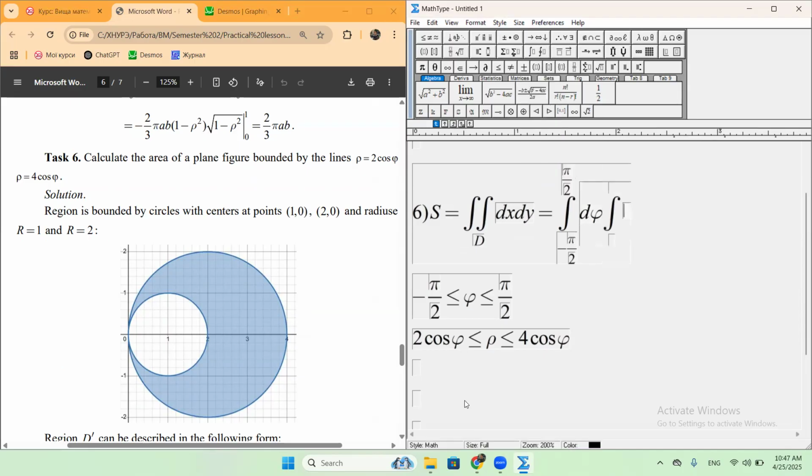And rho depends on cosine of phi, actually. Yeah, and don't forget to multiply by rho. So the integral will be the following.